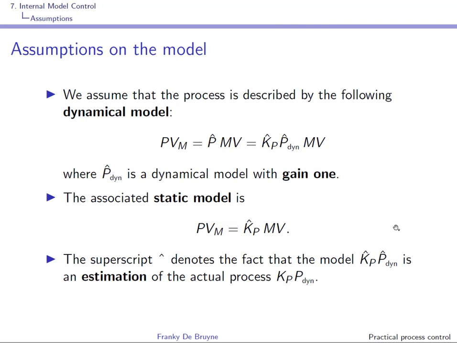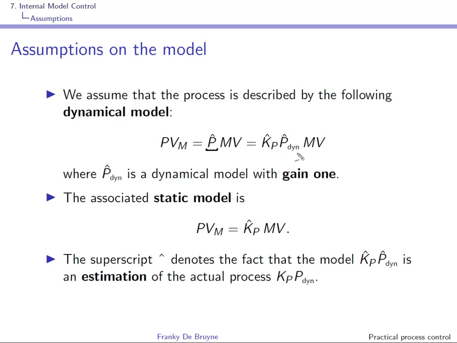Of course, to construct our internal model controller, we are going to base our control strategy on a model of the process, and to distinguish between the model and the actual process, we'll call the process P and the model P hat. What we have done for the process, we can do also for the model.